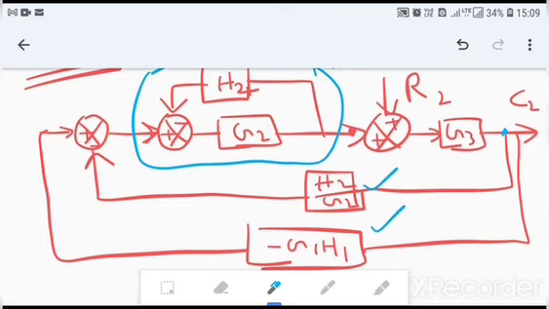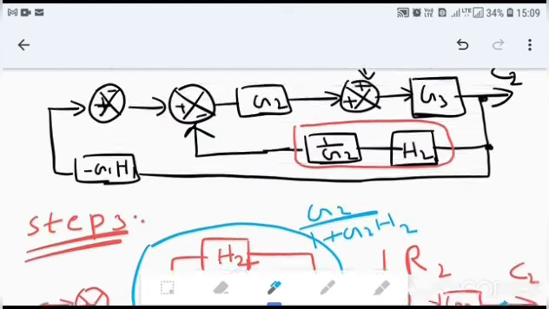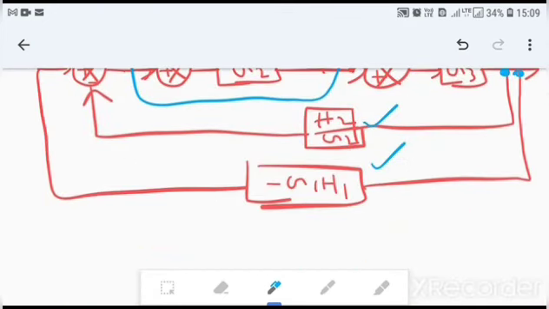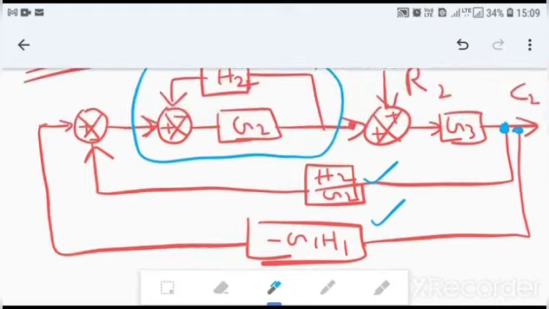Both are starting from the same input here. We are having feedback from output to input, but both are having the same input. So H2 by G2 minus G1 H1 are in forward path. So we'll be adding those two, and it will be simplified further.